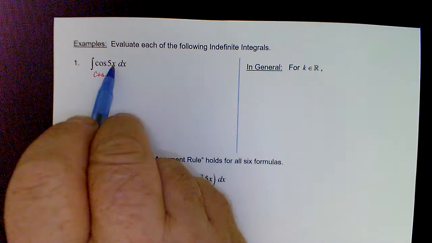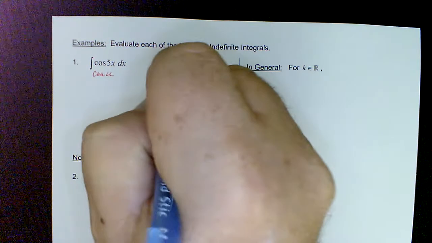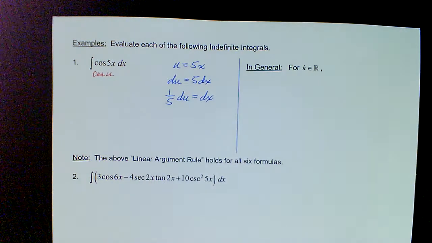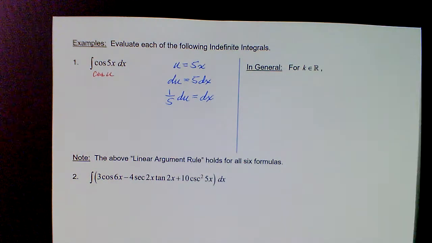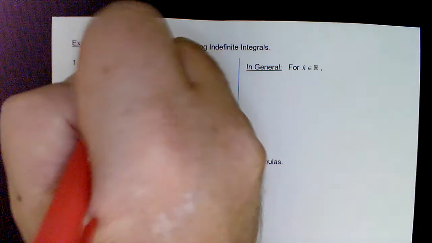Even though the argument is rather simple, we still have to go through the formal u substitution. By choosing u to be the argument 5x, we calculate the differential du, which is 5 dx, modify, we get 1/5 du equals the differential dx, and when we look back at the integral, we have already established the cosine of u, but the du has to be satisfied.